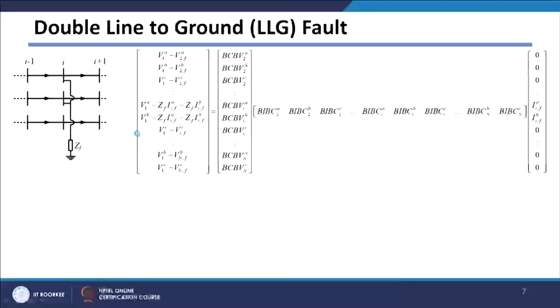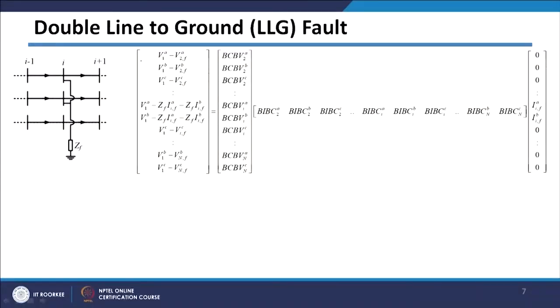The post fault voltages in this case can be calculated in a similar way as we calculated in case of LG fault. So, that same equation which we have taken, I am taking again here.